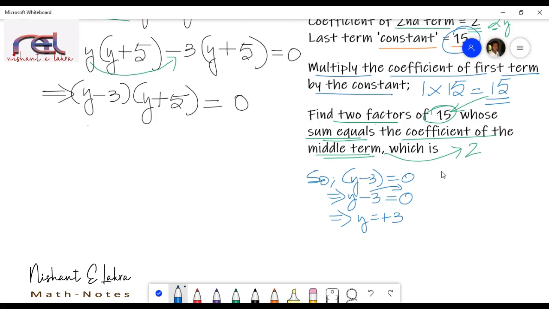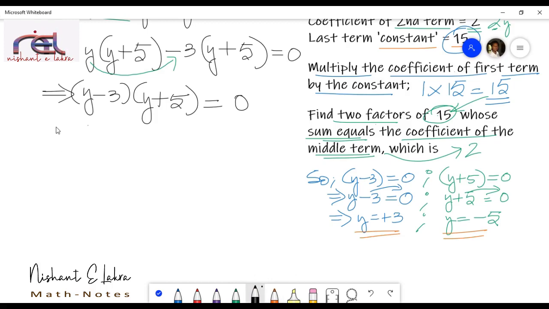Now let's take the second term, that is y plus 5. y plus 5 equals 0. We'll remove the brackets. y plus 5 is equal to 0. That means y is equal to, when we take plus 5 to the other side, it becomes minus 5, right? So here we have found the value of y.